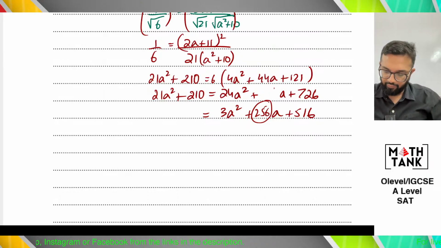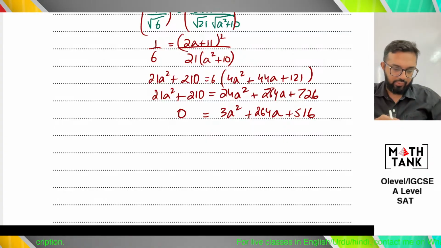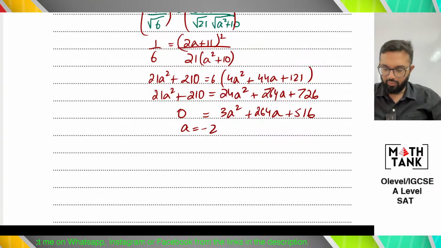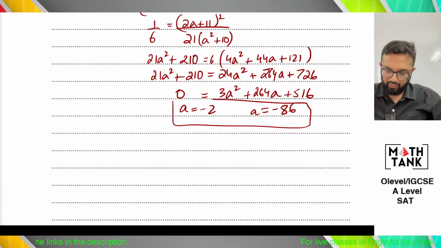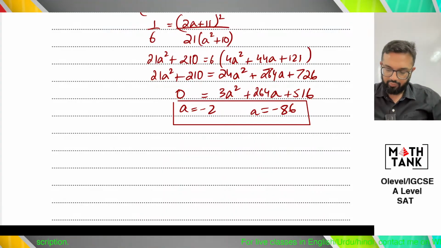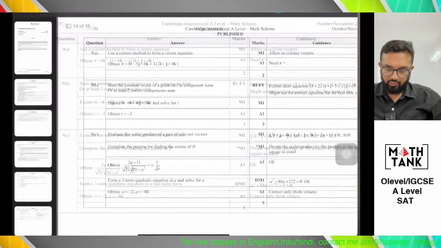It's 264. So A is -2 or A is -86. Does the question say find the possible values of A? So both of those are correct. Okay. Yeah.